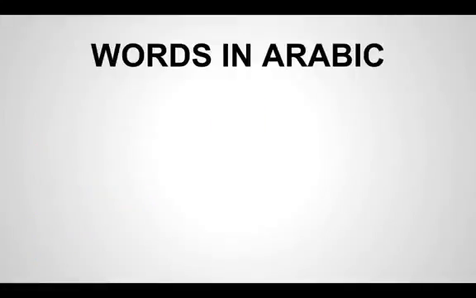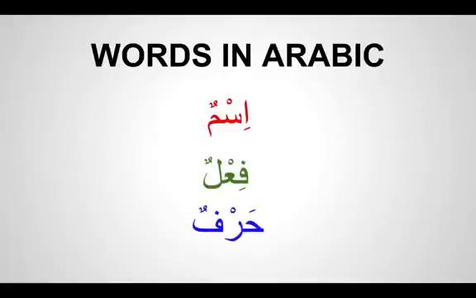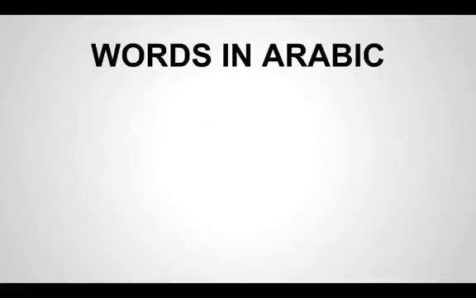So these are the things which we have learned: ism, fi'al that has tense, and harf that makes no sense unless there is another word. So let's do some practice, inshallah. See if you can recognize these things. If I give you a sentence, I want you to read this and figure out what is an ism, what is a fi'al, and what is a harf.